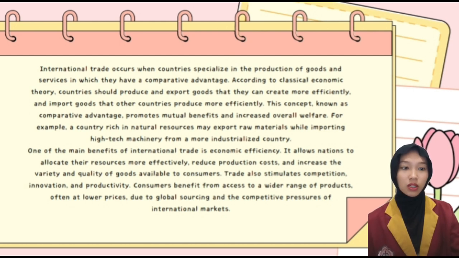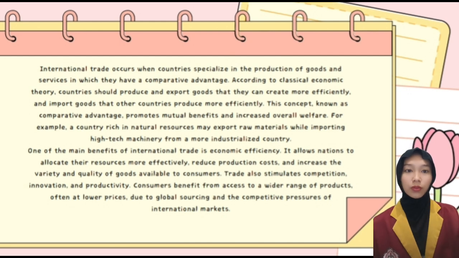These concepts, known as comparative advantage, promote mutual benefits and increase overall welfare. For example, a country rich in natural resources may export raw materials while importing high-tech machinery from a more industrialized country. One of the main benefits of international trade is economic efficiency.